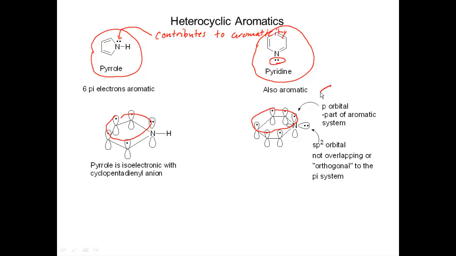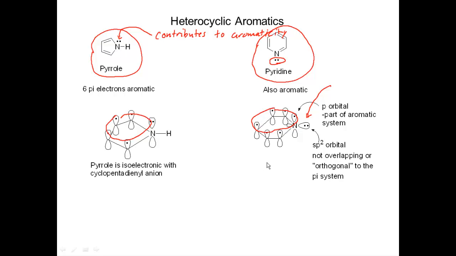This extra lone pair right here is not part of the aromatic system. It's outside the aromatic system. It does not have any overlap with the electrons in the aromatic system, so we say it's non-contributing. This is an sp2 orbital. This is an artifact of sp2 hybridization, and this orbital here is not overlapping with the pi system at all.